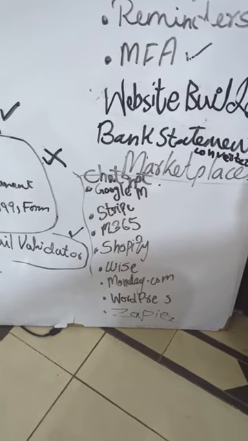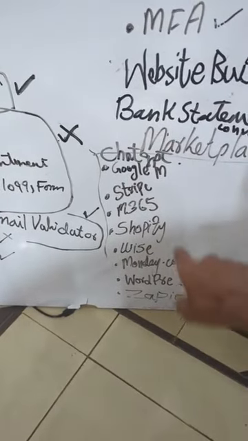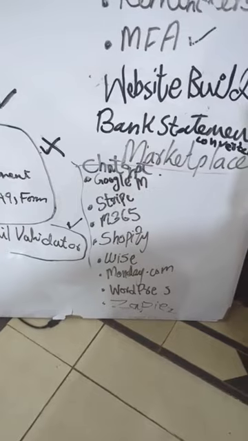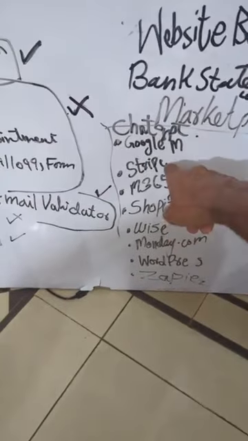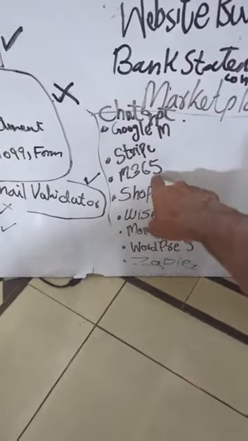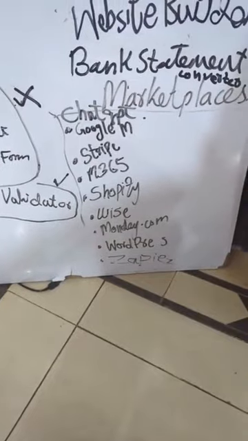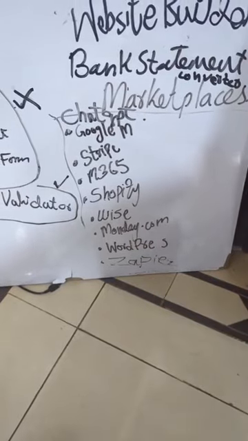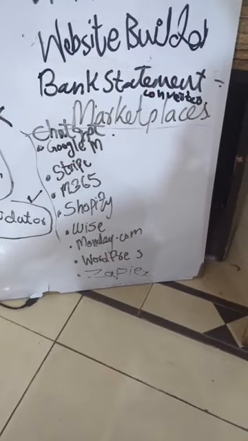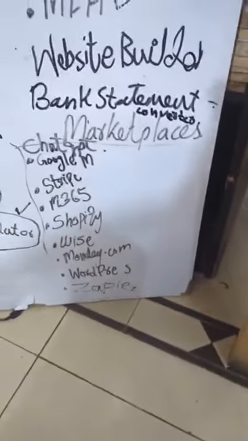And those marketplaces could be ChatGPT, Google Workspace Marketplace, Stripe Marketplace, Microsoft 365 Marketplace, Shopify, Wise.com has a marketplace, Monday.com has a marketplace, WordPress has a marketplace, Zapier has a marketplace.